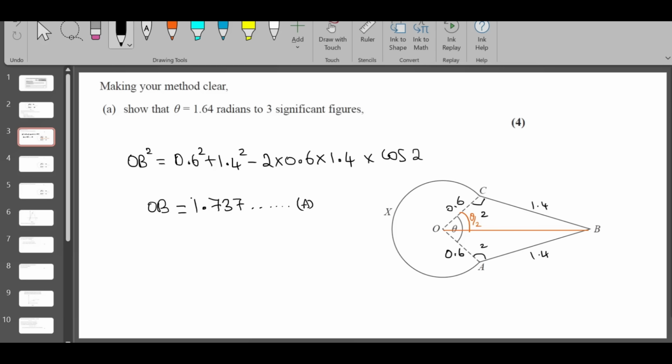Now how to find theta over 2? I'm going to use this angle and this side, this angle and this side, and use the sine rule.